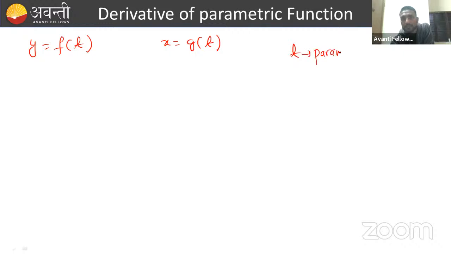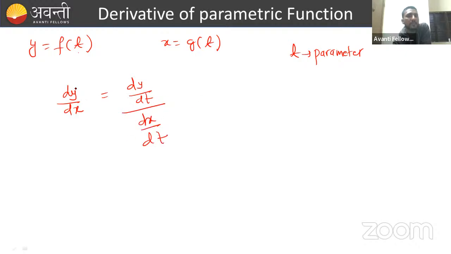So in this case, if someone says find dy by dx, we know that it is not in x format, but it is in t format. So what I will do, I will find dy by dt first, and I will find dx by dt, and you know that dt will be cancelled out and it will become dy by dx only.